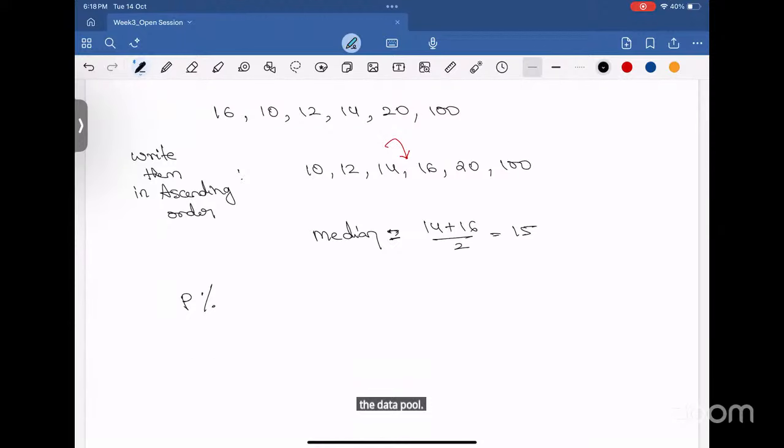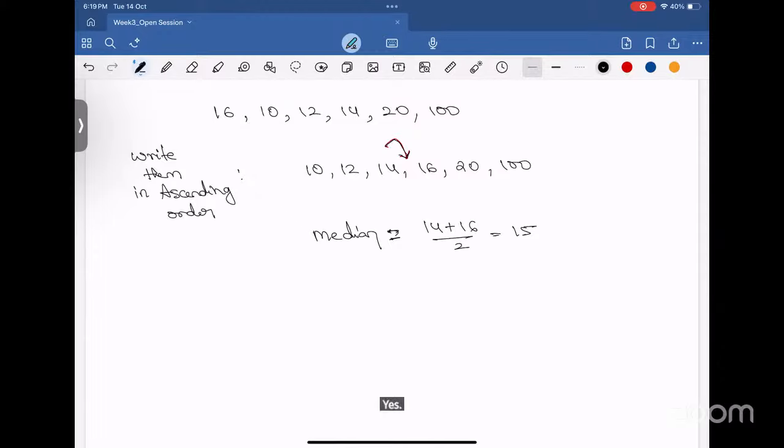So here 50% is exactly in the middle, but there is no data point labeled 15 in the data set to call the 50th percentile data point. So we will take the 16 and say that is the 50th percentile.